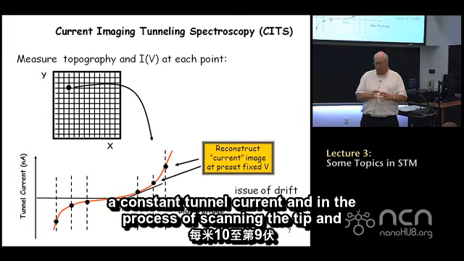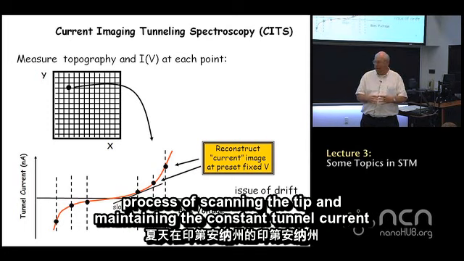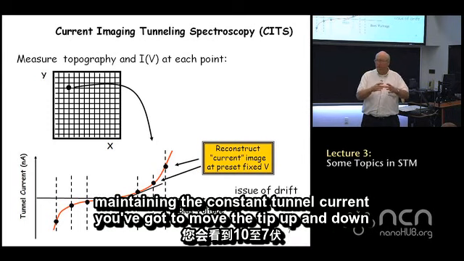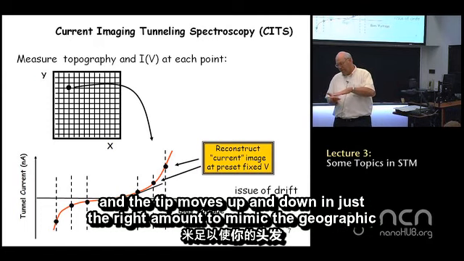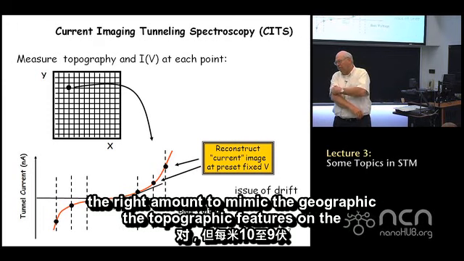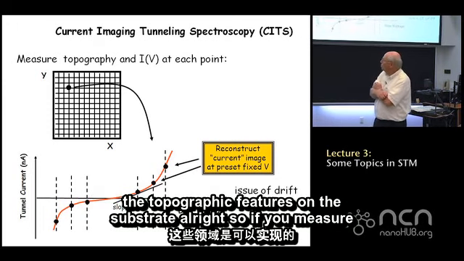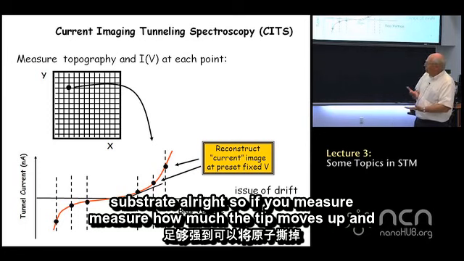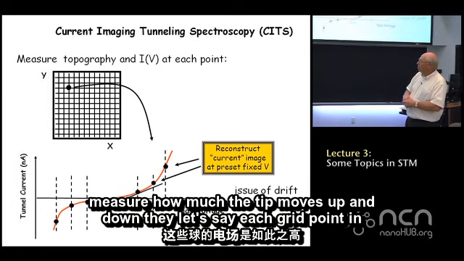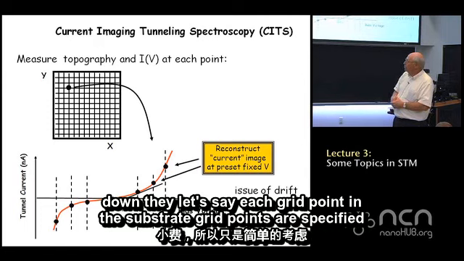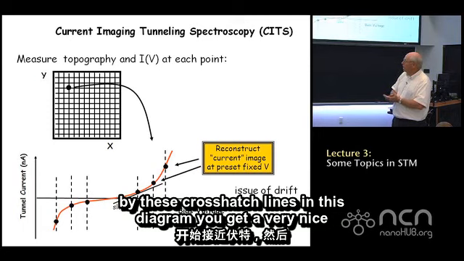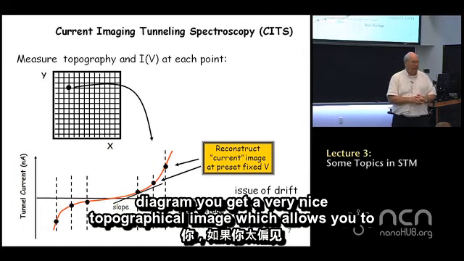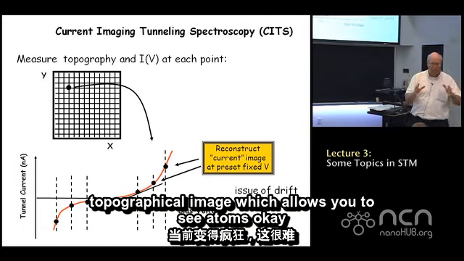And in the process, you've got to move the tip up and down, and the tip moves up and down in just the right amount to mimic the topographic features on the substrate. So if you measure how much the tip moves up and down at each grid point in the substrate, the grid points being specified by these crosshatched lines in this diagram, you get a very nice topographical image, which allows you to see atoms, okay?